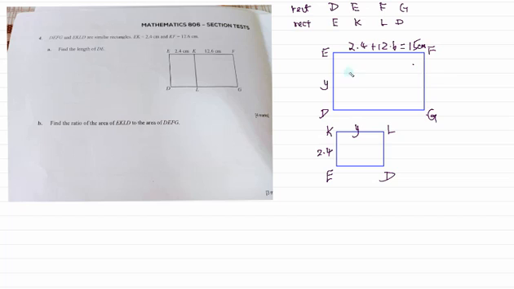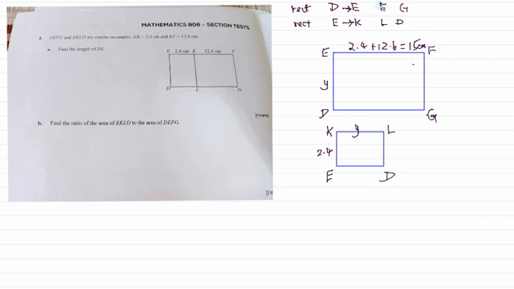Okay, now we're going to draw the second rectangle, but make sure you follow the same position. That means if you have DE, then you must have the corresponding length EK. So if you draw DE here, your EK must be here.